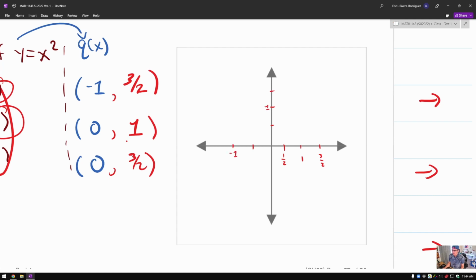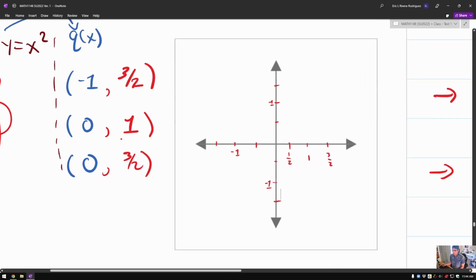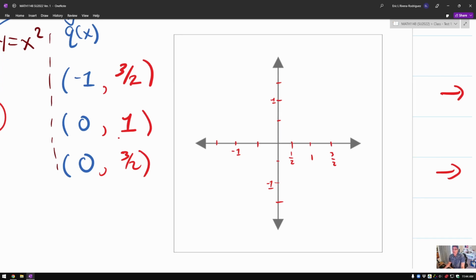This is -1. This is -1 here. And there. So then you are going to plot those points. So -1, 3/2, it is here. So we have this point. 0, 1, it is here. So we have this point.